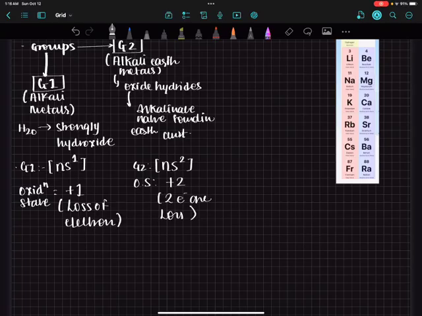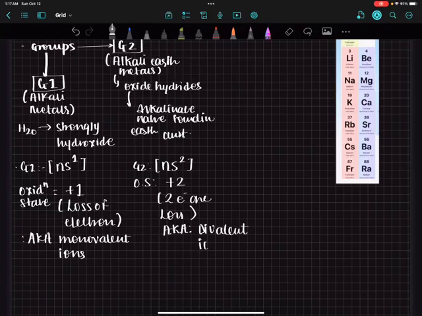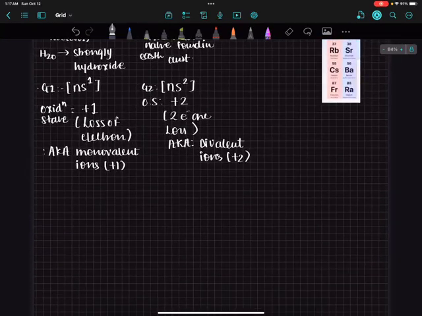In G1, these are also known as monovalent ions, while G2 are known as divalent ions. Now examples of it.